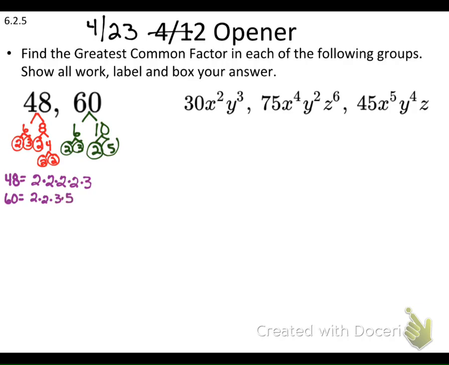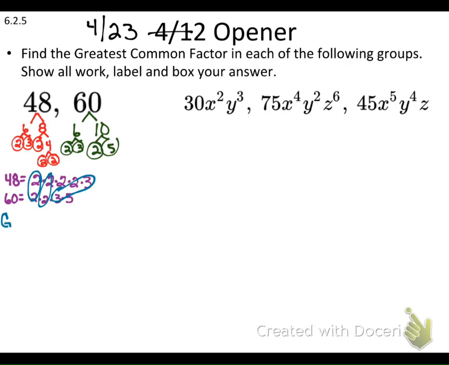Now what do I do? Well, we don't want to say pairs anymore. We want to circle what they have in common. So what do they have in common? 2. They have 3 in common. Okay. So then I drop down.